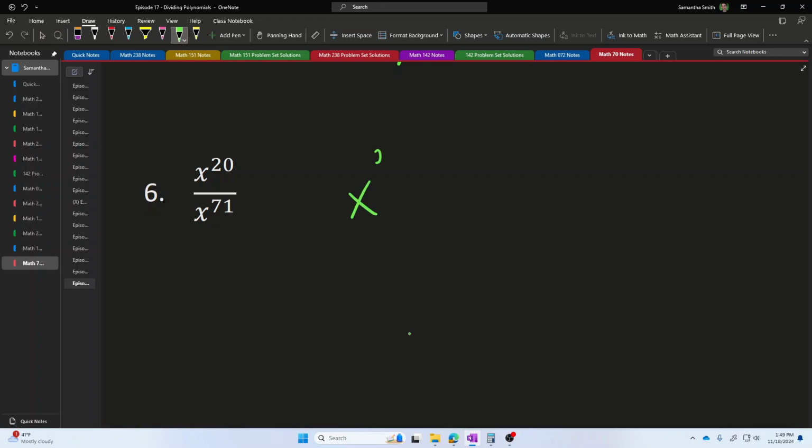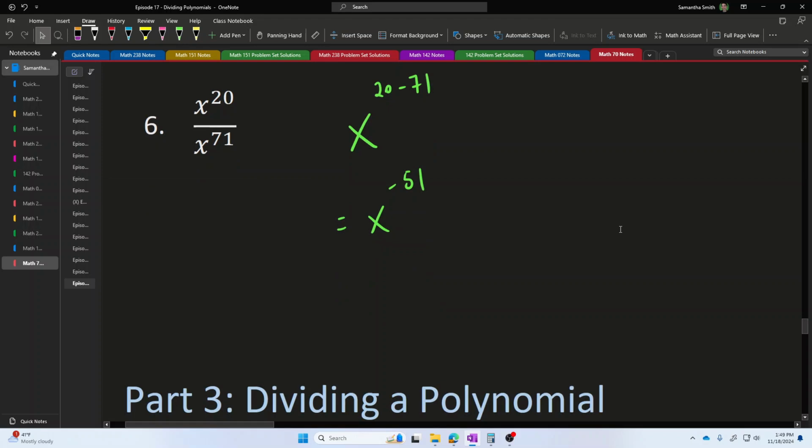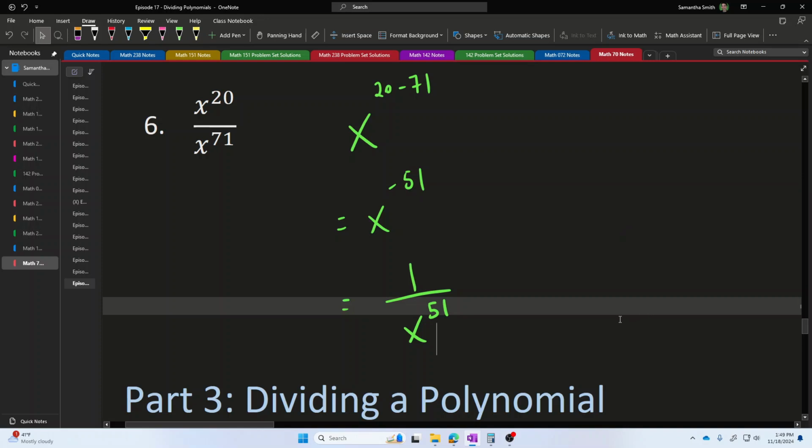I subtract those exponents using the exponent properties. And now I know that x to the power negative 51 is the same thing as 51 copies of x in the denominator of a fraction. This would be equivalent to 1 over x to the power 51. 51 x's left in the denominator after canceling.